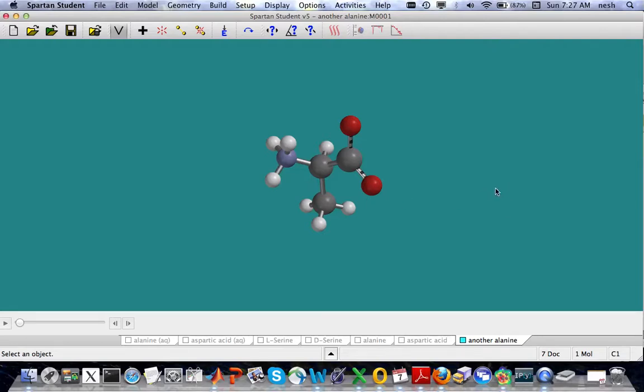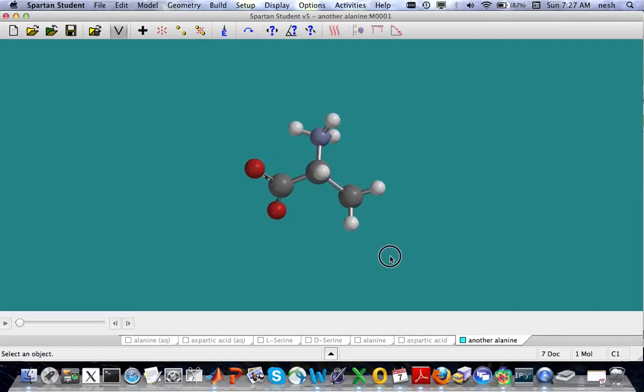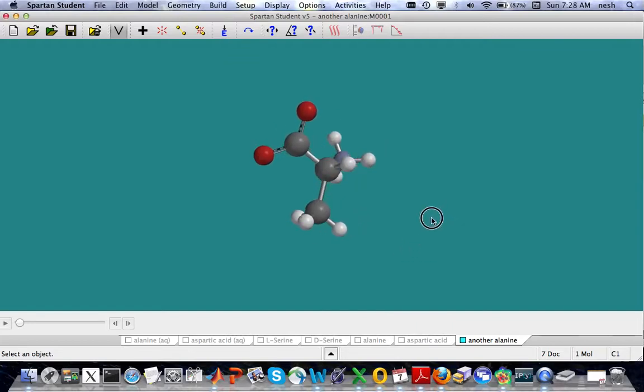If you can't do this rotation in your head, which takes a bit of practice, you can always do it in Spartan. So I'm going to arrange things now so that the R group is down and away from us. The hydrogen attached to the alpha carbon is pointing straight at us. And now you notice that the N-terminus of this alanine is at 2 o'clock. It's up and to the right, and that makes this D-alanine.